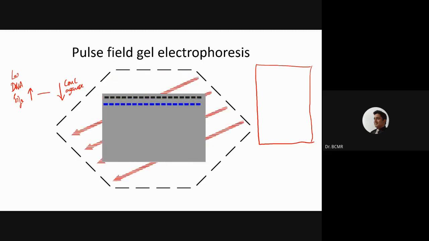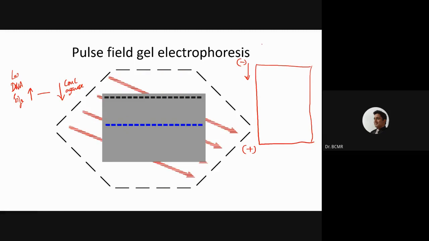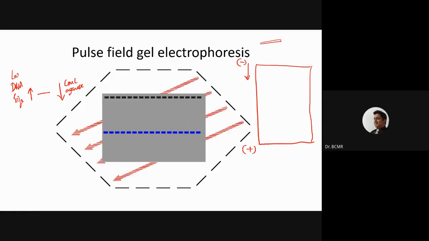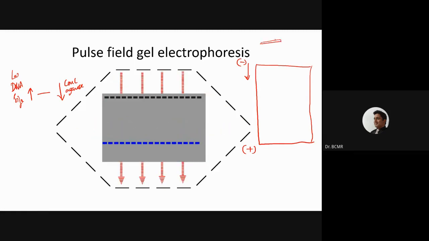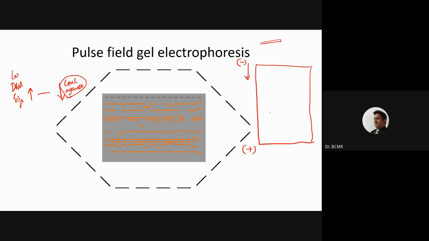Otherwise, the DNA will not be able to move through the agarose in this direction, right? But if the DNA is very large, something like a genome, 3 or 4 MB or so on, then you have to reduce the concentration a lot.